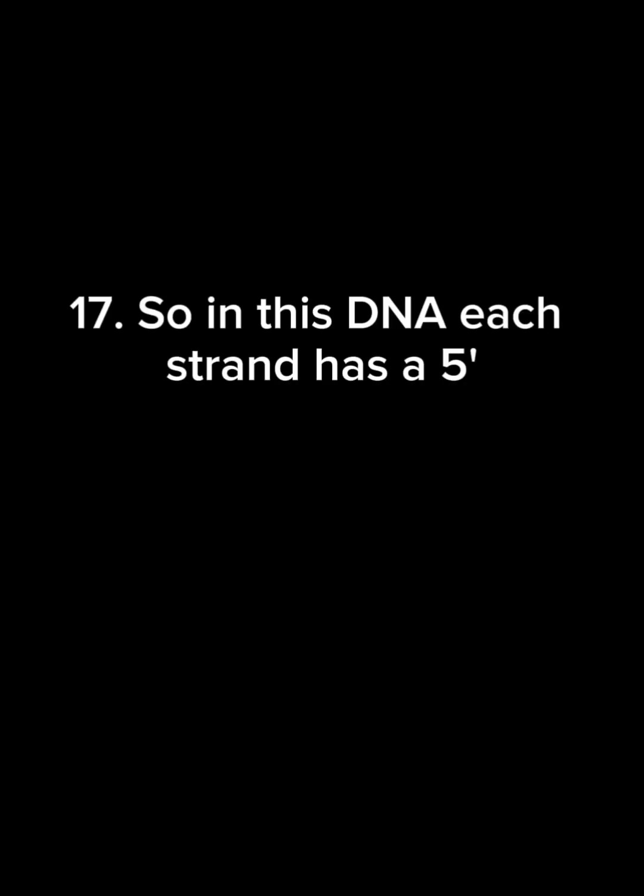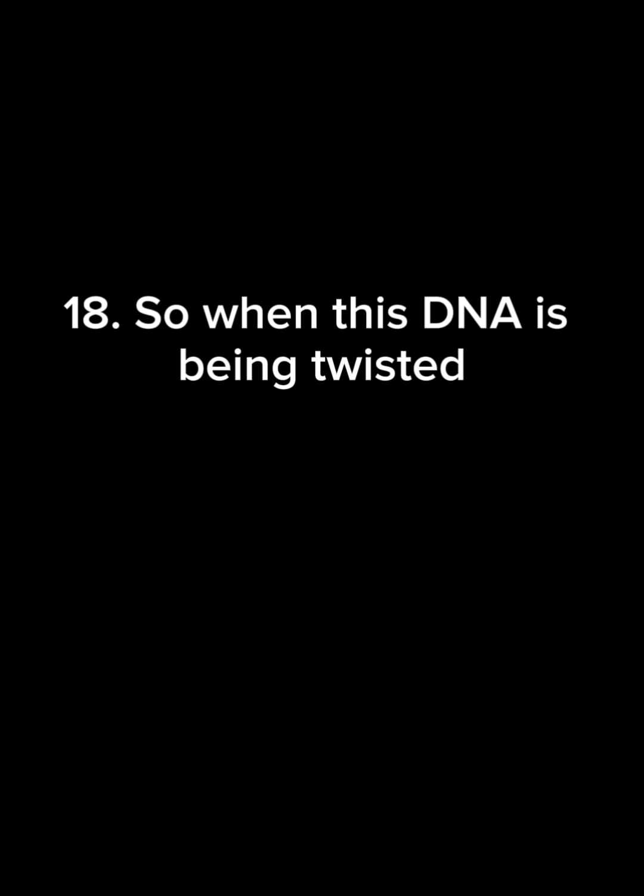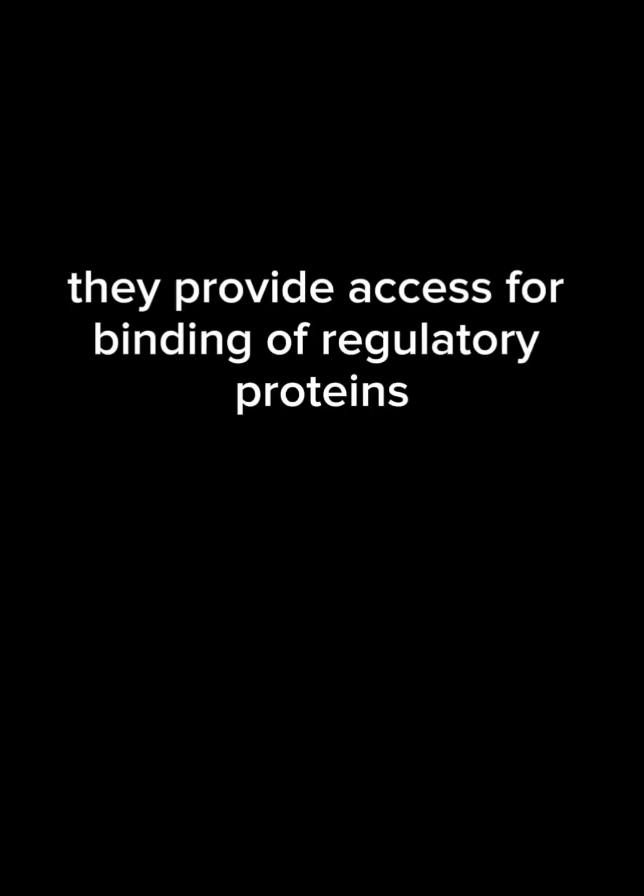In this DNA, each strand has a 5' end with a terminal phosphate group and a 3' end with a terminal hydroxyl group. When this DNA is twisted, it forms what is known as the minor and the major grooves. These grooves provide access for binding of regulatory proteins along the DNA chains.